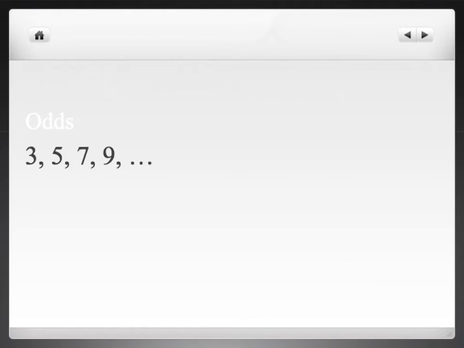Alright, so let's talk about our odds. Obviously, we know how to skip count by odds. 1, 3, 5, 7, 9, 11. We can continue on, but one way that we know we are continuing, not only is we have odd numbers, but remember, what is our rule or pattern?